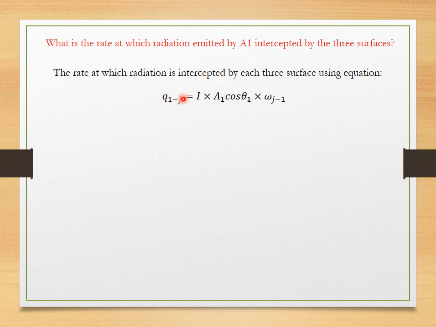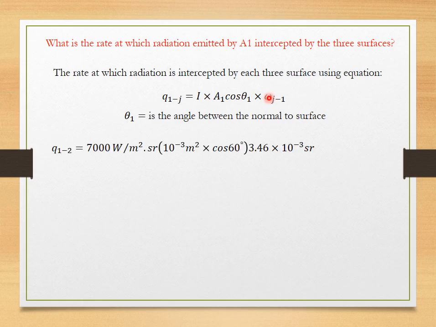Here I is the irradiance, 7,000 watt per square meter steradian. A1 is the value of the A1 area. Cos theta refers to each case, A2, A3, and A4, and then the solid angle for each case, referring to condition 2, condition 3, and condition 4.